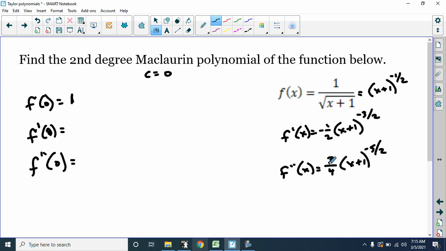So there's our first derivative and our second derivative. Plug in 0 into each of those. 1 to any power is just 1, so it's negative 1/2. This one's 3/4.